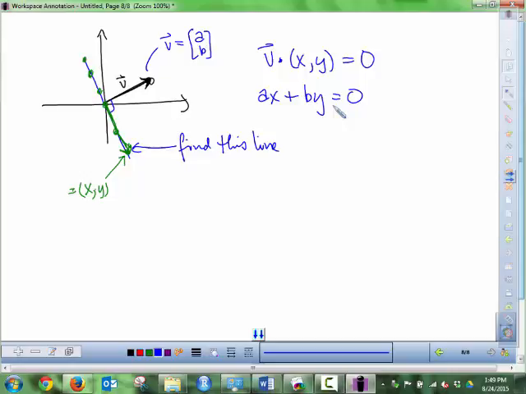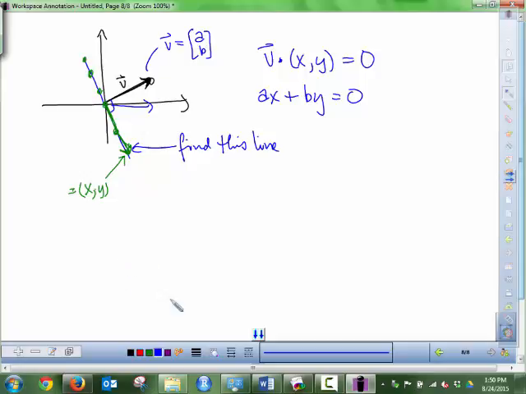Yeah? Is there any condition... Yeah, I guess if v was just on the x-axis, then that line would be perpendicular, right?